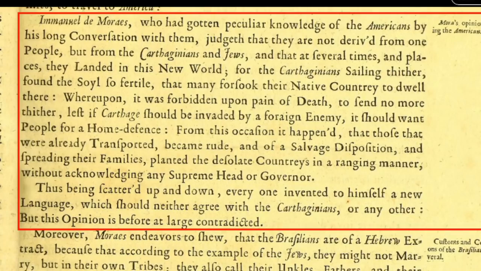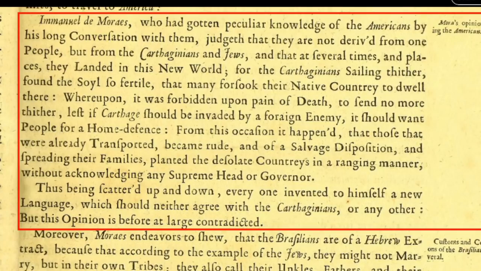For the Carthaginians sailing thither found the soil so fertile that many forsook their native country to dwell there, whereupon it was forbidden upon pain of death to send any more thither, lest if Carthage should be invaded by a foreign army, it should want people for a home defense.